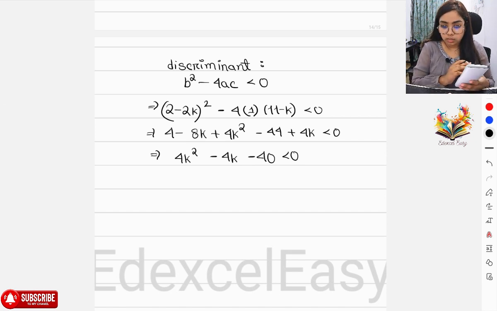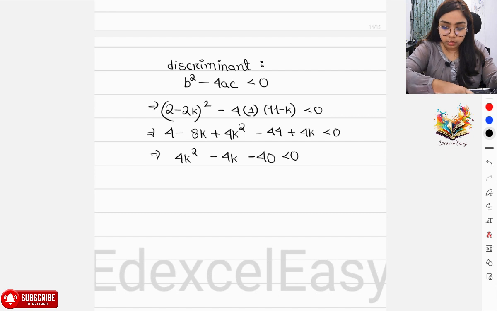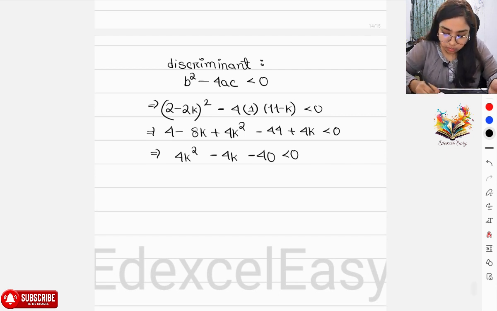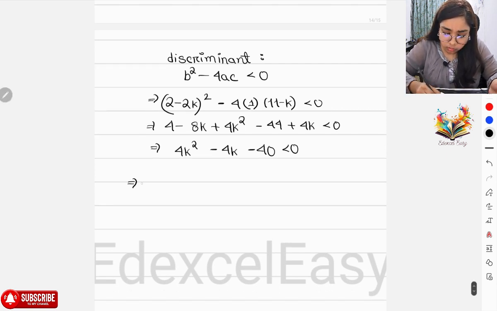After this, we can clearly see this is a quadratic equation, where 4 can be taken as common. But if we don't do this, what would be the final answer? If I take 4 common, it's k squared minus k minus 10. The answer is actually going to come from the formula method, so you actually need to use the formula here.